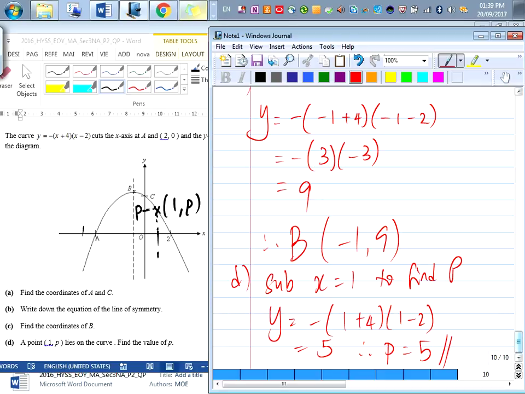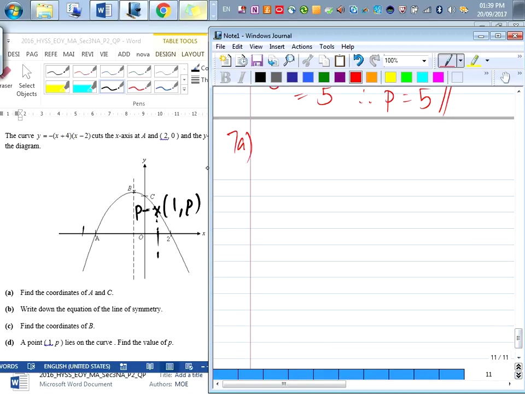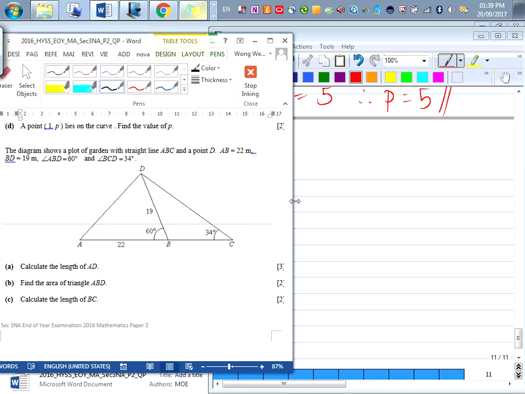Okay, let me just do one last question, 7A. Here I have a plot of garden, straight line, AB 22, BD is 19, and here is 60 degrees. Find the length of AD. So this one, how to find?